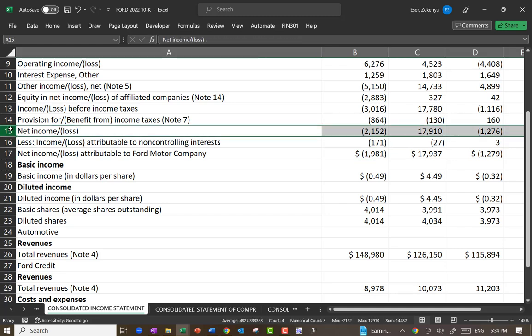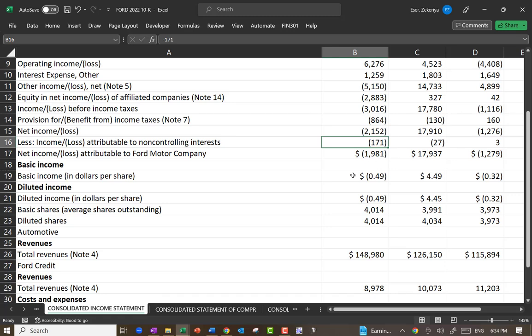And so net income is 2.152. As you can see, there is that 171 million. That's essentially the share of minority interest in that loss. I mean, the net loss of 2.15 is an overestimate because when you consolidate, there are firms you don't own 100% of, but you have a controlling interest.